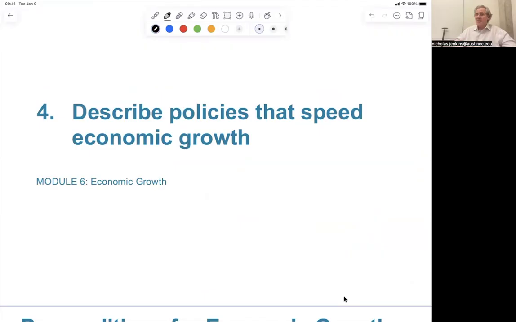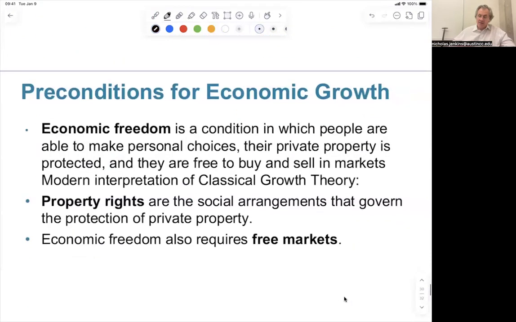We need to create the incentives or the conditions for the ability for entrepreneurs to achieve higher production, to use a more productive workforce to gain those growths. And the precondition for economic growth is having economic freedom, having property rights, and having free markets in an economy. Without those three things, very little would get invented, quite honestly.